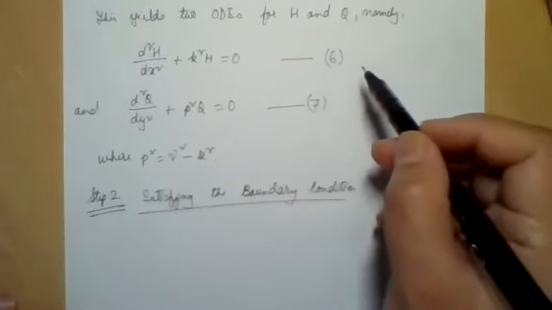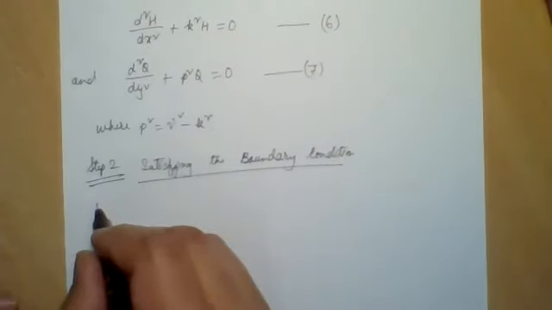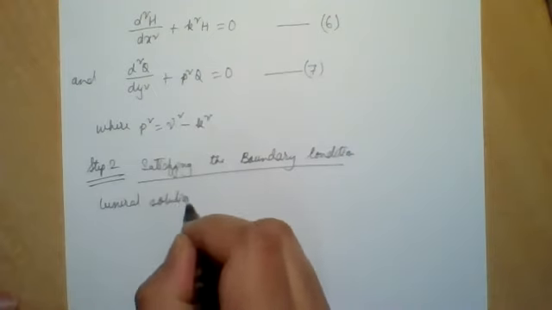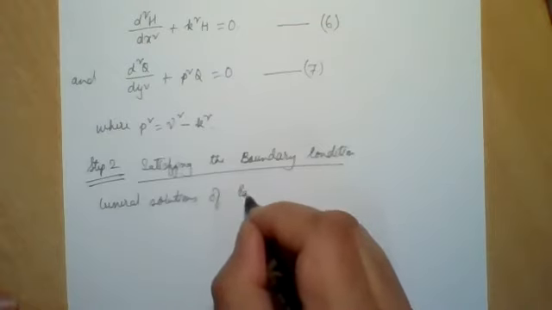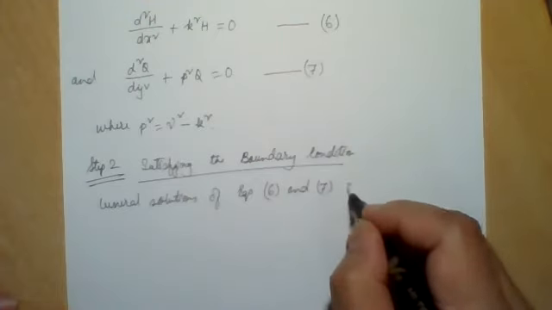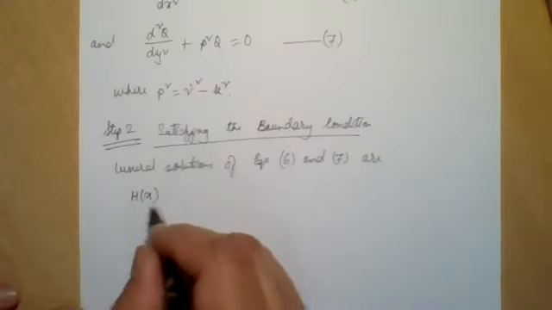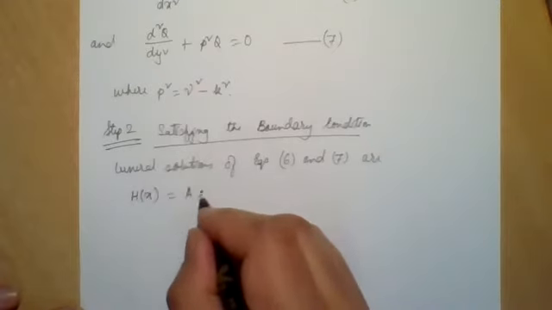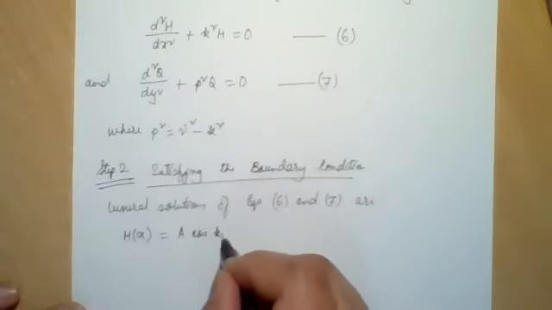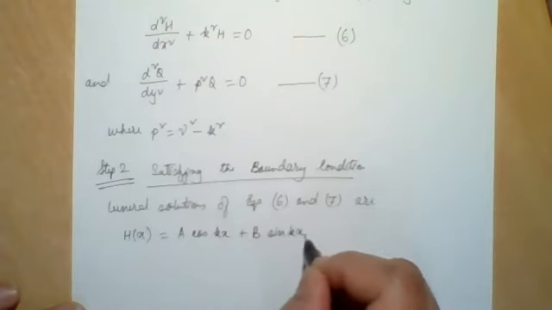So the general solutions of equations 6 and 7 are simple solutions. h of x is equal to a cos k times x plus b sine k times x.